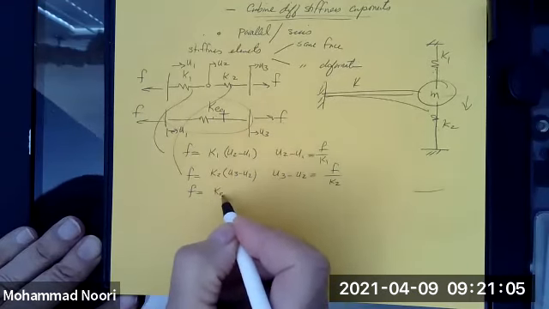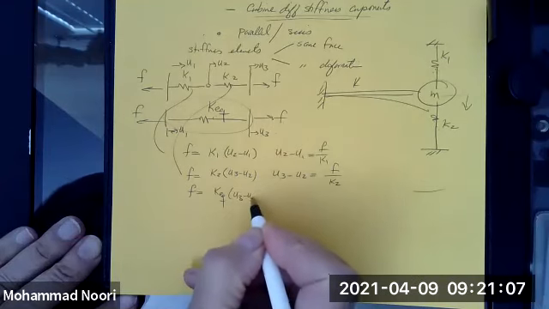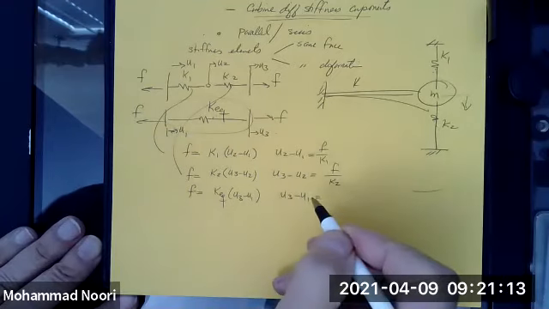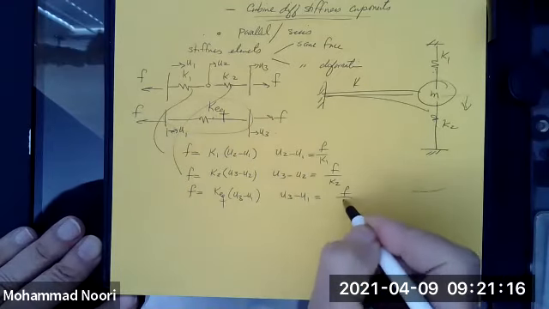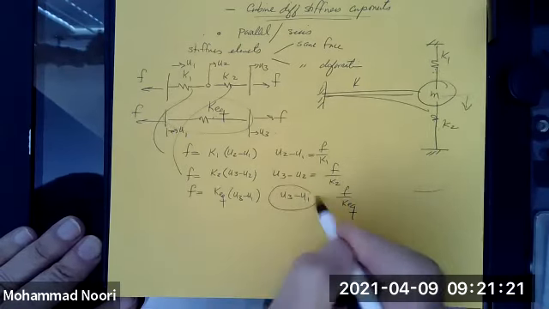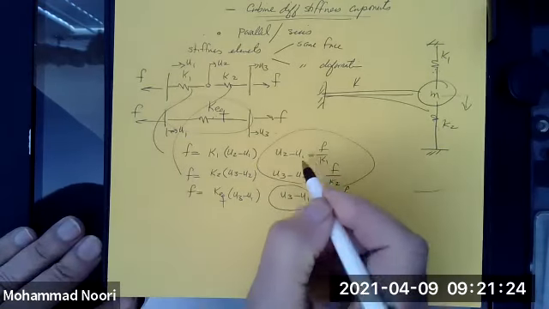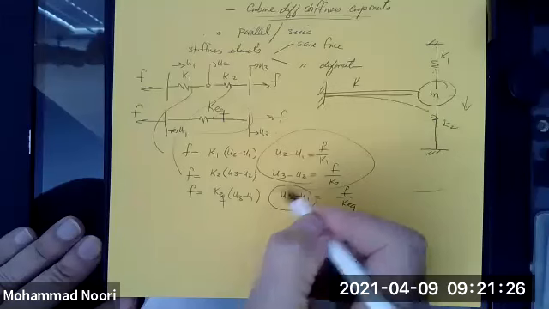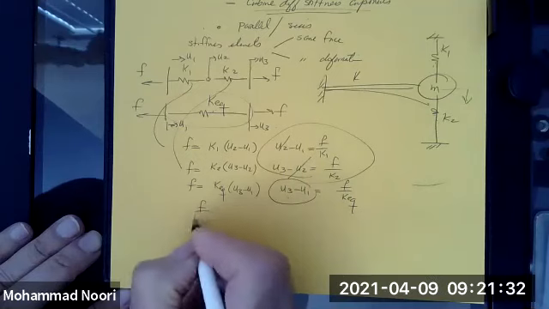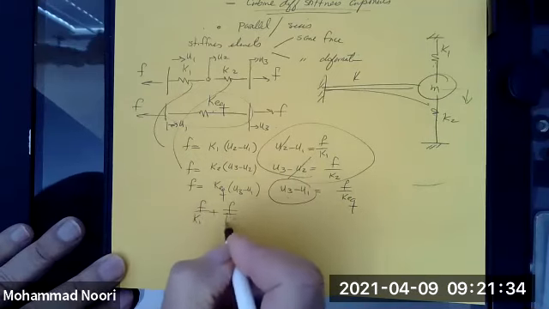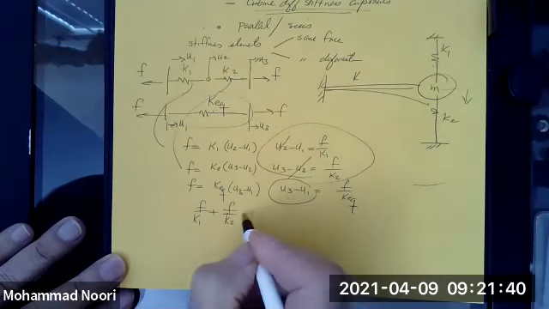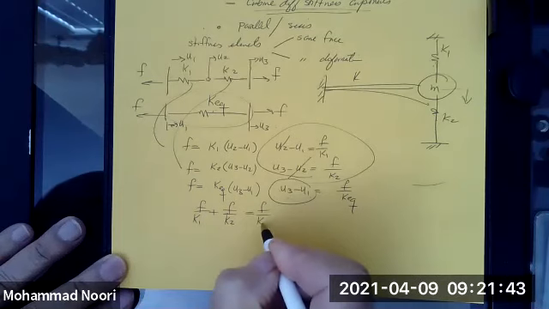You have K equivalent times U3 minus U1. So the displacement that this equivalent spring would experience would be F over K equivalent. If you add up these two, the left-hand side would be the same. In other words, you end up with F over K1 plus F over K2 being the same as U3 minus U1, which means that this is equal to this.